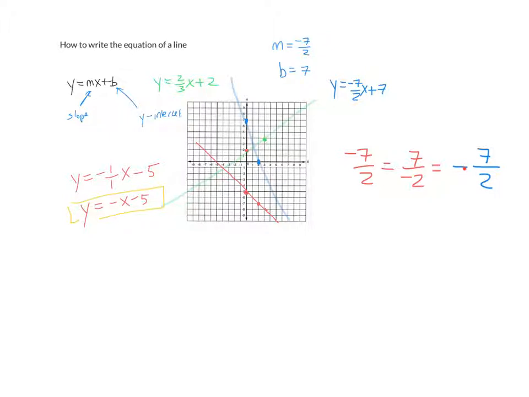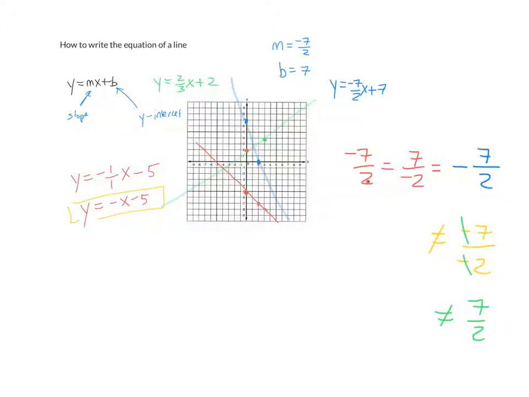But this negative right here, it either gets applied to the bottom, or it gets applied to the top. But the one thing that's for sure is it does not get applied to the top and bottom. The reason for that, as many of you are probably guessing, is because these would cancel, and that would be a +7 over 2 as a result. Okay, this is a not equal sign.